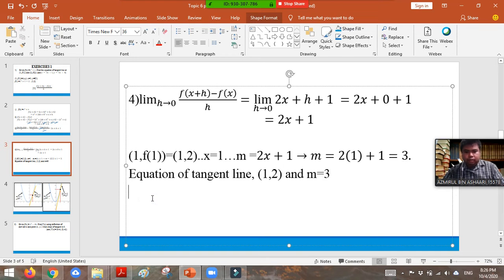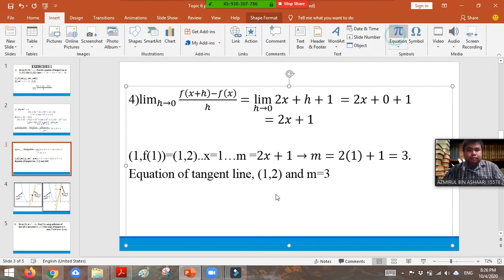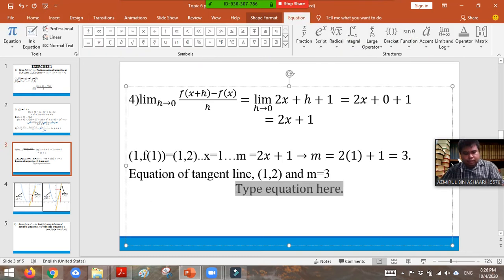Okay, you can use your formula, which is m equal to y2 minus y1 divided by x2 minus x1.